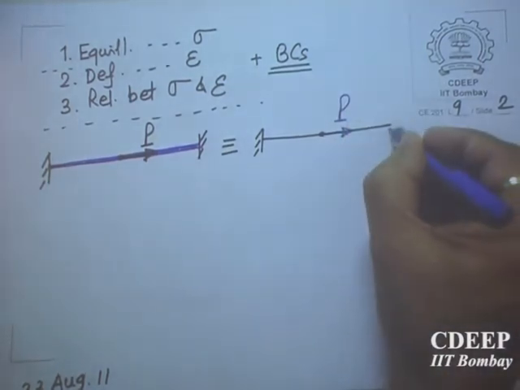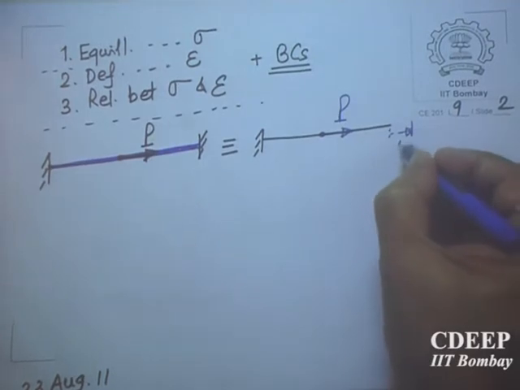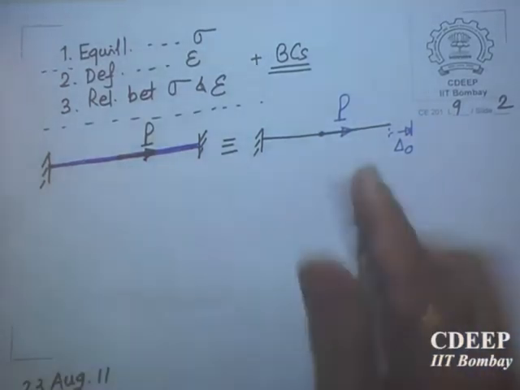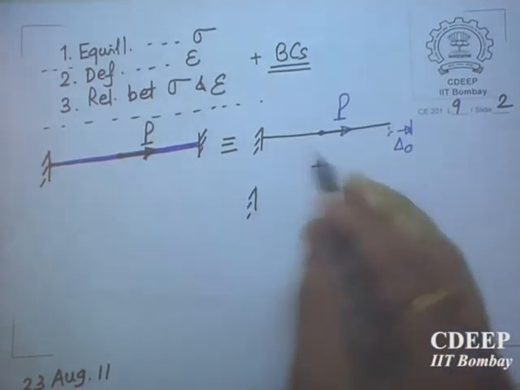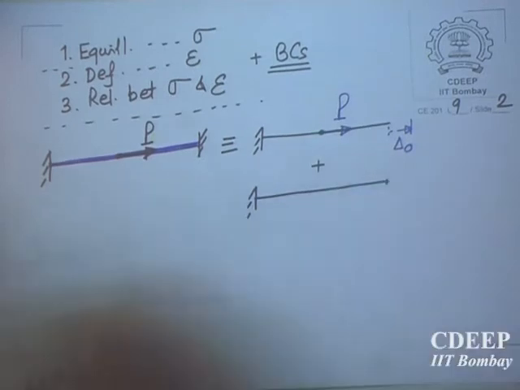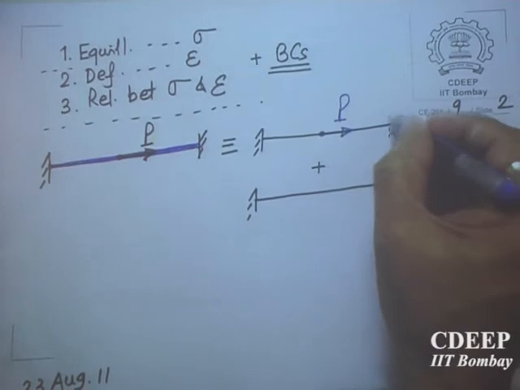Under this, the rod will undergo a displacement; call this delta naught. But then this is not the problem. Plus a problem with, because you have got rid of the reaction here.